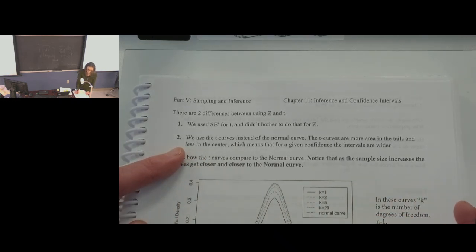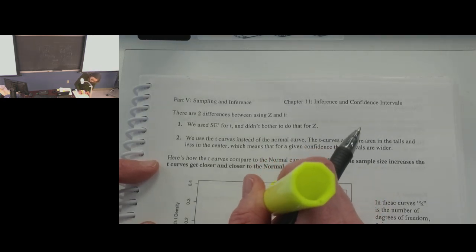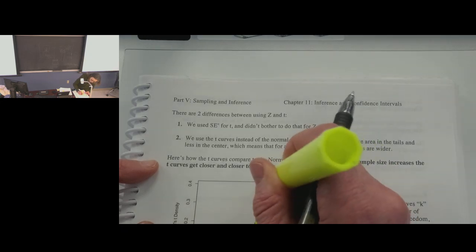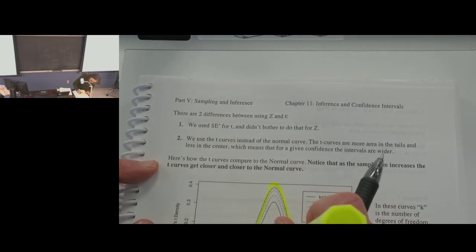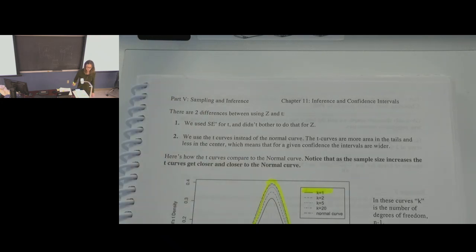All right, so let me show you what they look like here. The normal curve is the one that's the tallest and skinniest. This is the normal one that we're used to. And how do the t's compare?